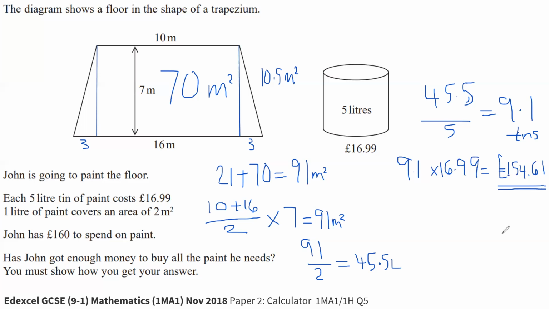Also, it's quite a good way to check that your answer is about right, because if we'd got, say, 160,000 or 1,600 or something, you'd be thinking that we've got a very, very different answer to what they've given us. So it's actually a really good way of thinking, well, actually, I've got a number that's pretty close to that. So the chances are that I've probably done the working out right. And that's something that I really encourage you to do, is if at all possible, check that your answer makes sense.